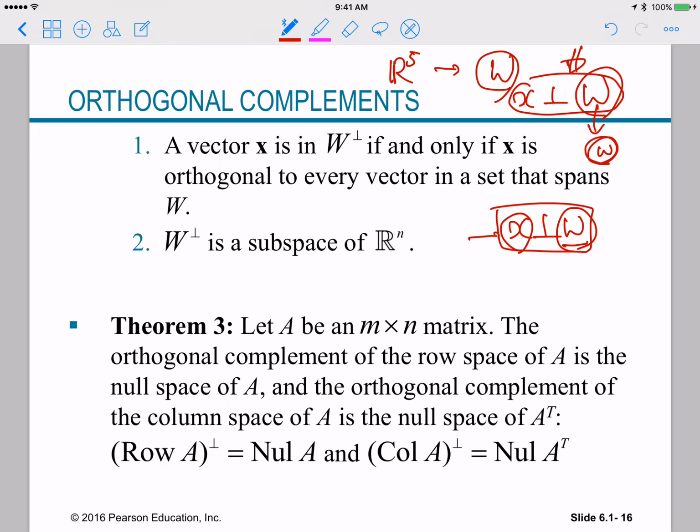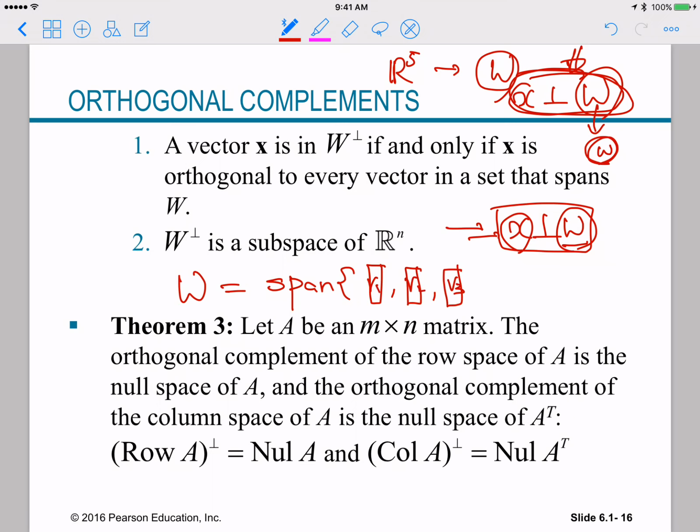One easy way to check if this condition is satisfied is as follows. If you have a subspace W, it will basically be in the form of a span of some vectors.